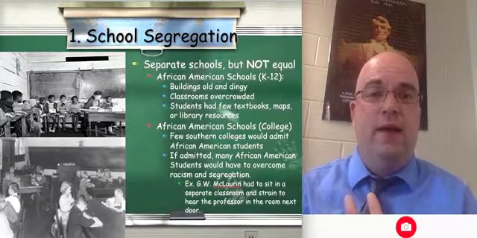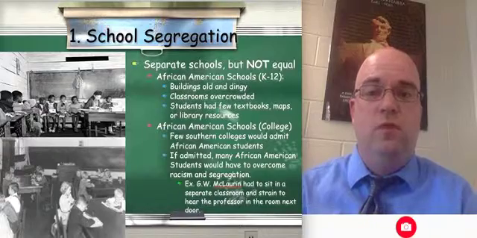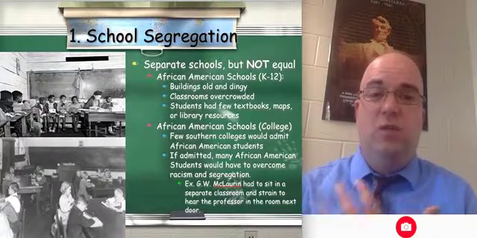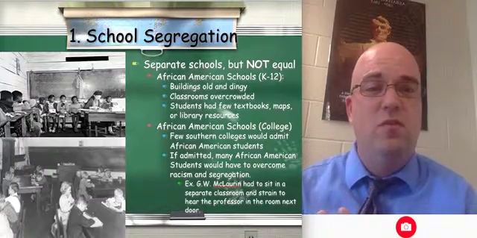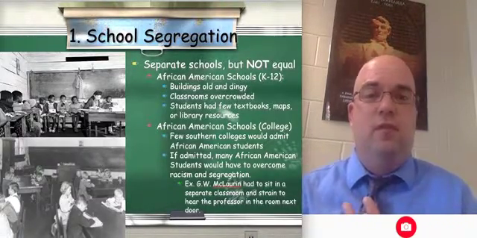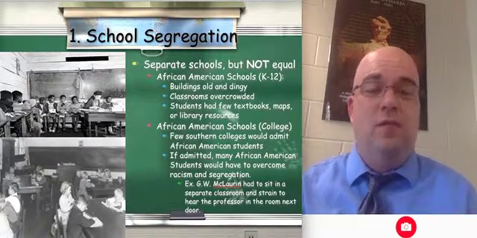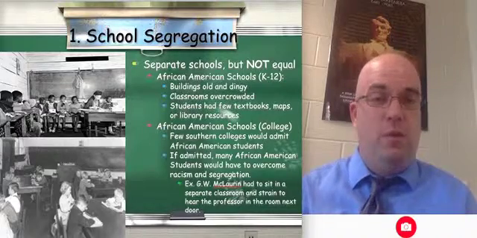They may not have had enough chairs or desks for all the students to sit in. Students had very few resources, textbooks, maps, or library resources. Some states even had laws in place that said that white schools were forbidden from passing older resources down to African American schools.